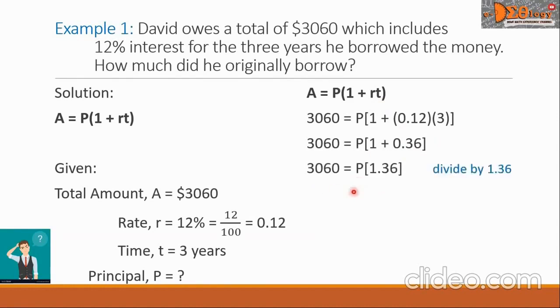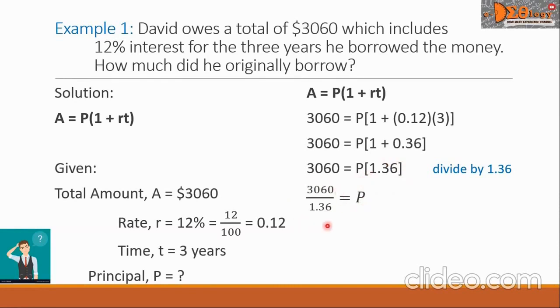We want to find this P. Let us divide this equation by the coefficient of P, and that is the 1.36. So the left side, 3060 divided by 1.36, it is now here. And our right side, if we divide this by 1.36, the decimal will cancel out, only the letter P comes down.